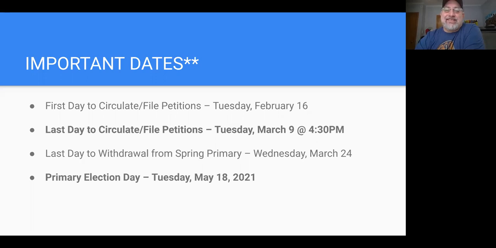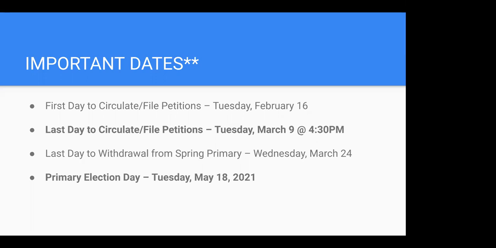I wasn't talking about Vote Builder training, but one thing I do want to emphasize: that March 9th date, the last day, is a hard and fast deadline. I recommend that if you collect two or three times the recommended number of signatures and have your financial interest statement filled out, file everything early.